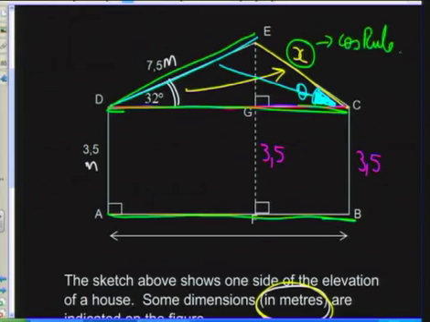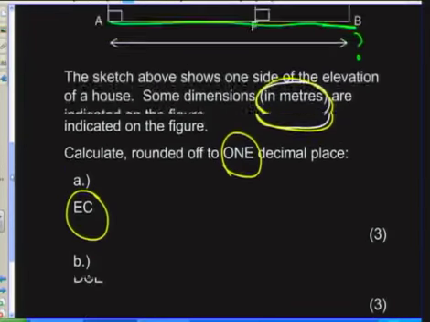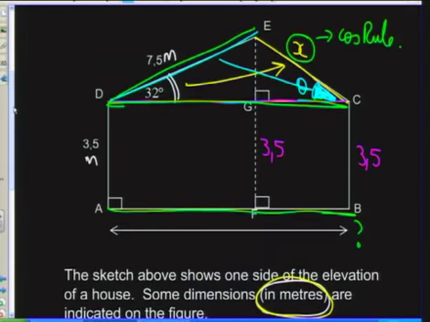So I'm going to propose that we need to go and Google this question, and find how much that length was in the exam paper, or we're just going to assume that this length here is possibly 8 or 9 meters to be able to work out what EC is. And once we've got EC, then DCE, it will be possible to work out this angle by using our sine rule.